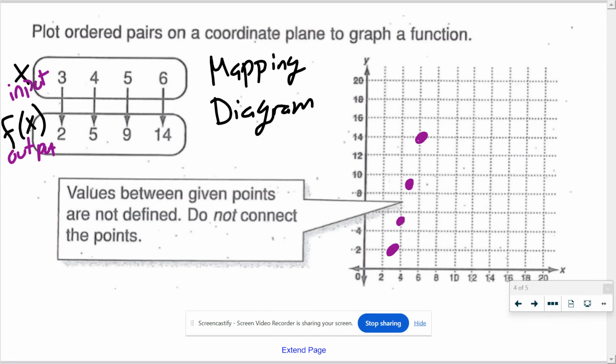But these values are not going to be connected because we don't know what the values in between are, like 3.5, 4 3/4, 5 1/3. So we're just going to plot the ordered pairs on the coordinate plane.